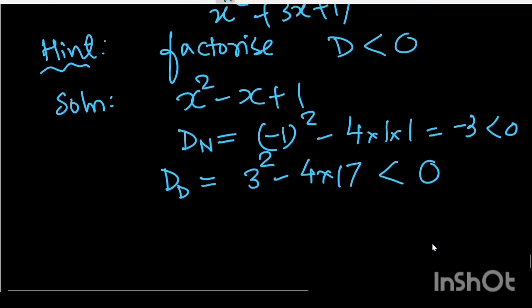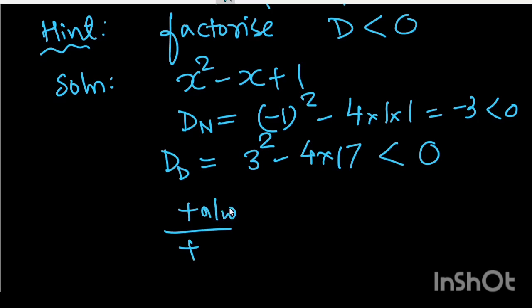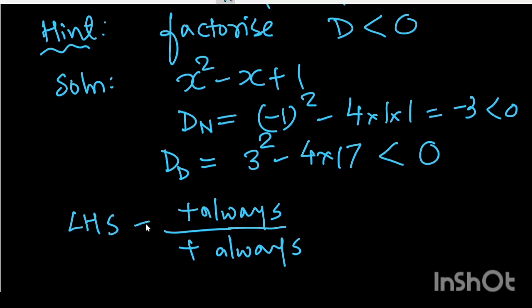So since it is negative, both expressions are positive always. The denominator is also always positive. They can never be 0 also, guys. Now the left hand side of the inequality is positive always, because the numerator and denominator are always positive.